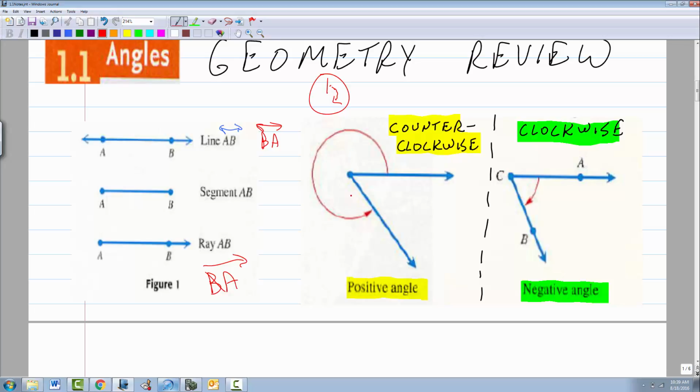Normal usually means positive to me, and abnormal means negative. So the normal direction in math is counterclockwise for an angle measure.